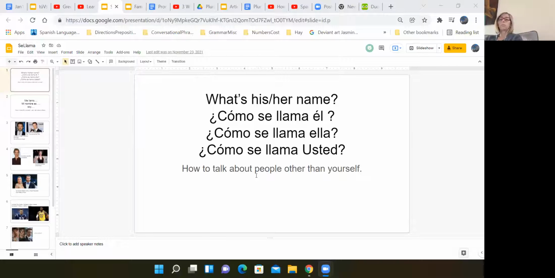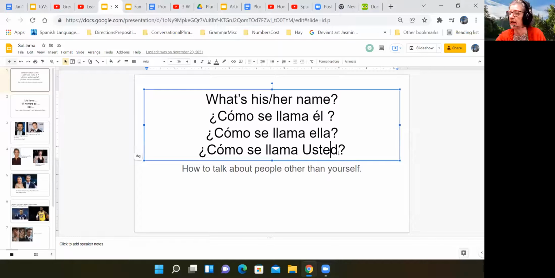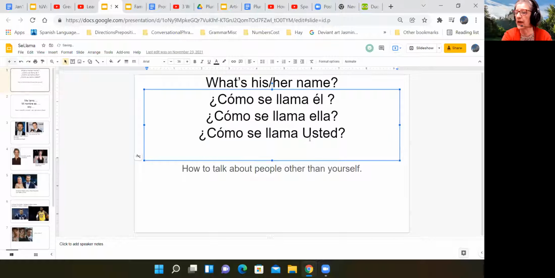Me llamo. And this right here, ¿cómo se llama usted? ¿Cómo se llama usted? is what's your name? The familiar form for that would be ¿Cómo te llamas? ¿Cómo te llamas? would be the familiar form.